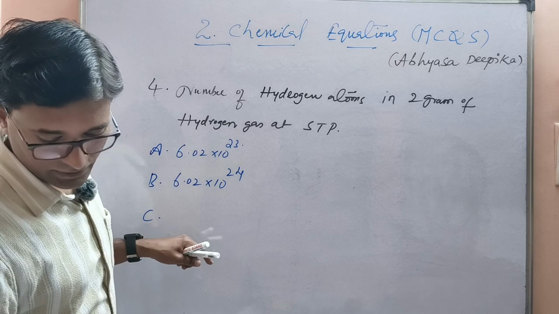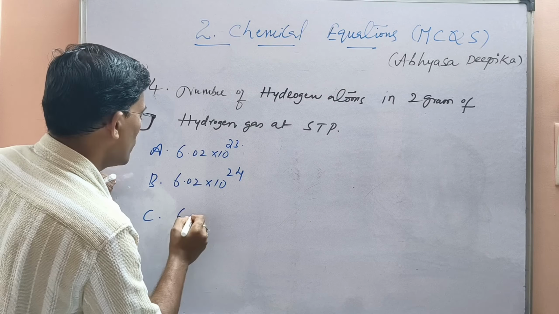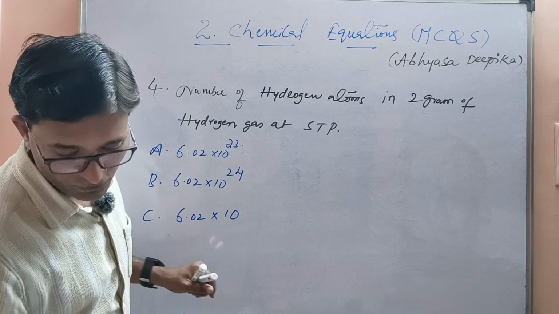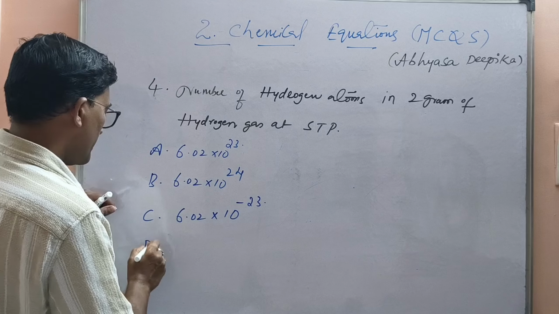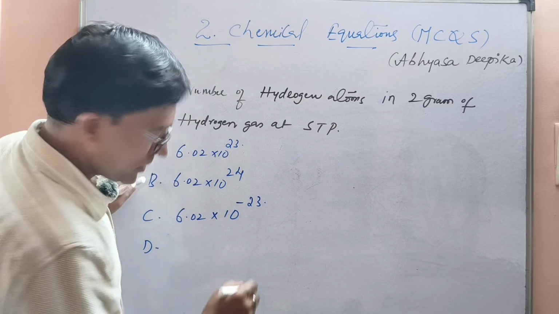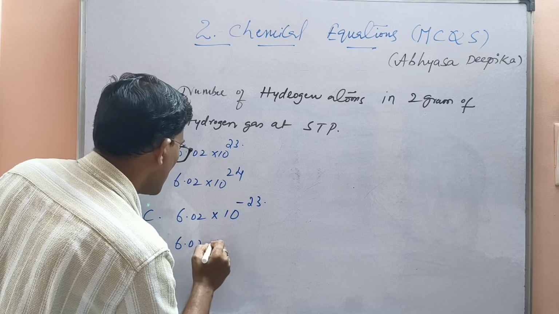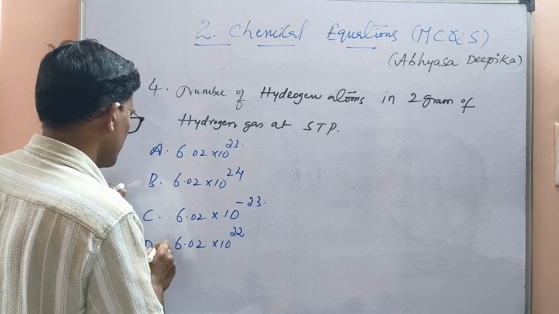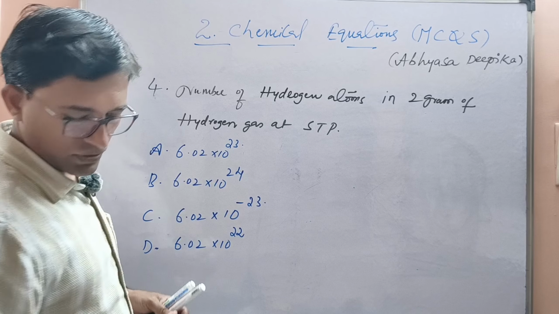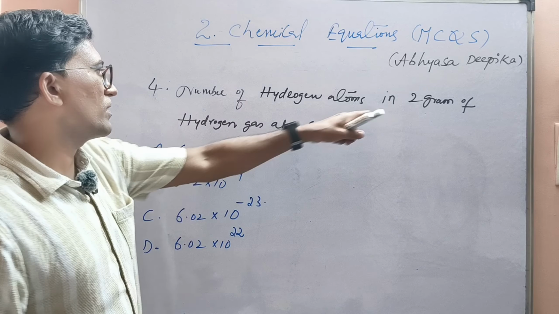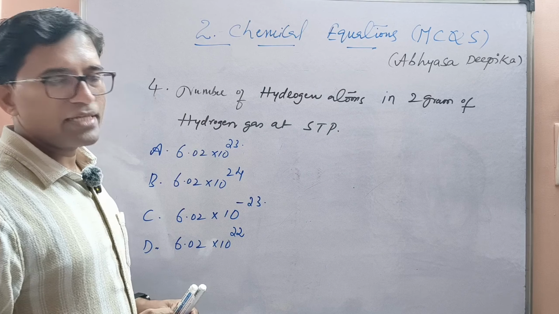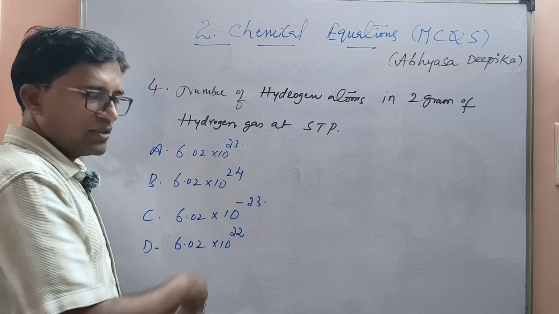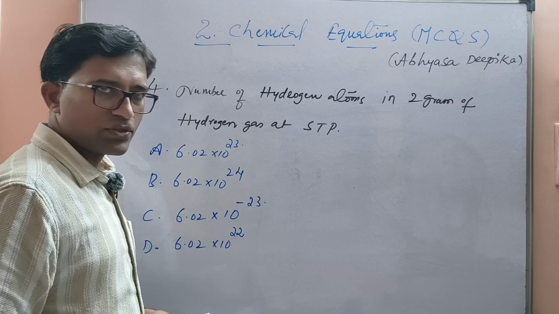C, 6.02 into 10 to the power of minus 23. And D, 6.02 into 10 to the power of 22. Nothing but atoms. He said atoms because the question already says number of hydrogen atoms in 2 gram of hydrogen gas at STP. This is the question, options are this, and the question is also displayed on the screen.